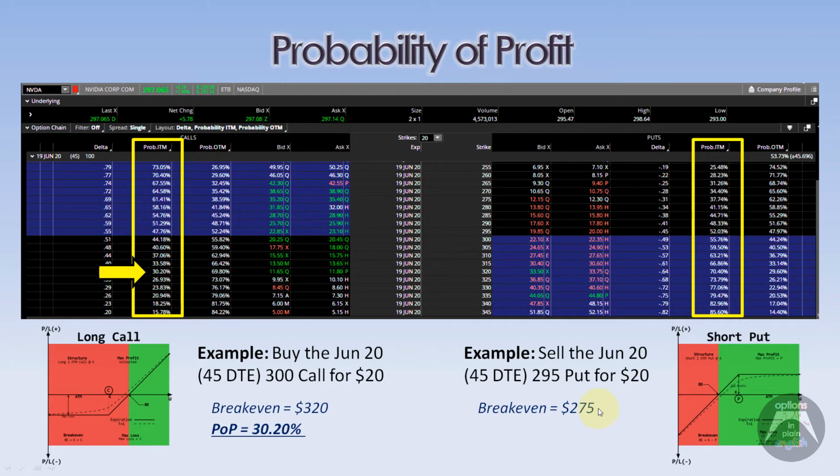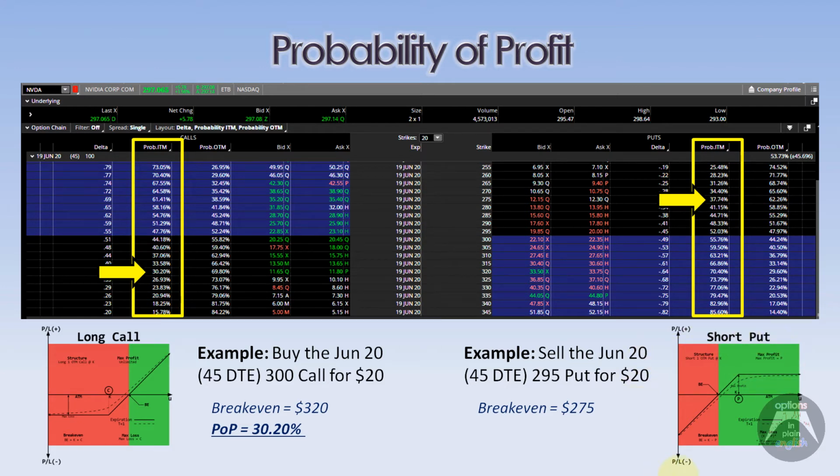Okay, so 275, we go here to the $275 strike price, and we see that the probability of expiring in the money is 37.74. So if it expires in the money, then you're going to be losing money. So you don't need this area, you need the other area, the profitable area.